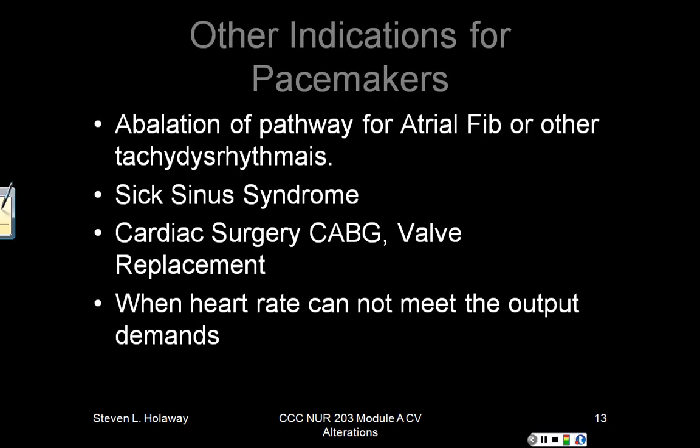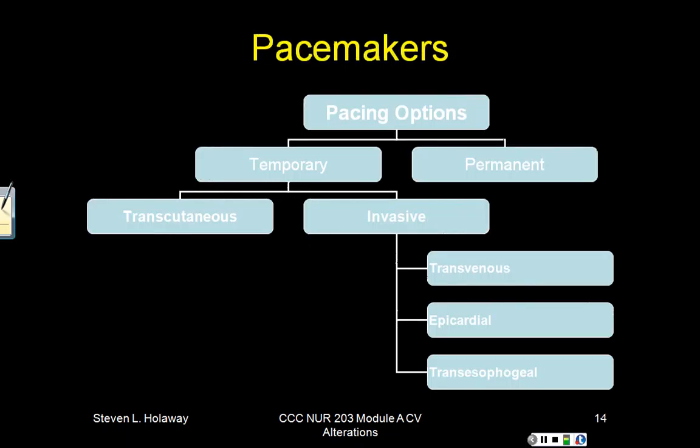Sometimes this totally wipes out the whole electrical system of the upper heart. So these patients will require a pacemaker to keep their rate up and maintain their cardiac output. We talked about sick sinus syndrome, we talked about bypass surgery, valve surgery, and when the demands can't be met.